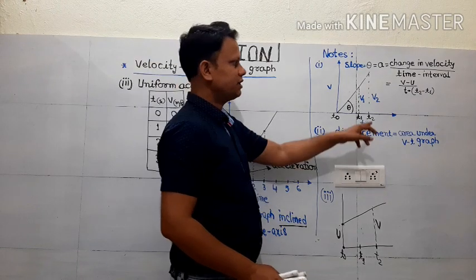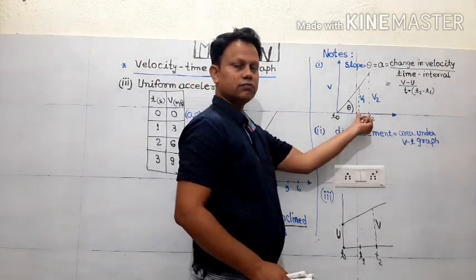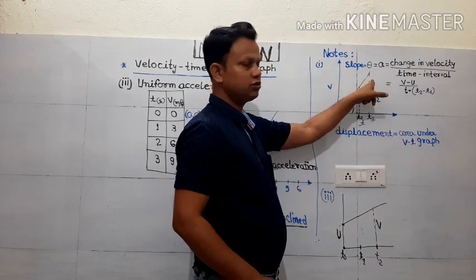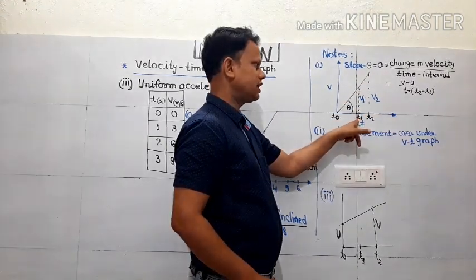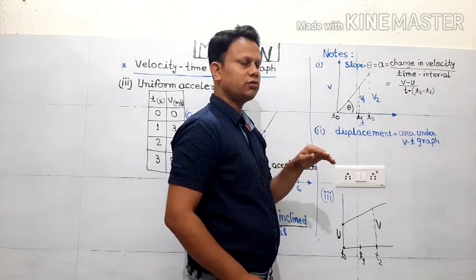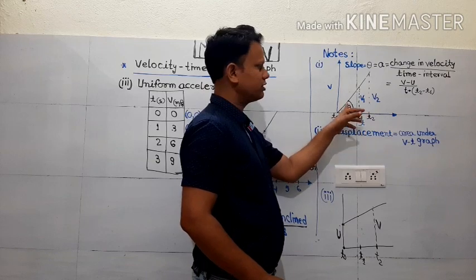Suppose somebody is interested for this interval of time. So what you have to take? At t2, suppose the velocity you are observing is v2, and at t1 you are observing v1. Don't worry about anything. For this interval also you are going to get the same acceleration.